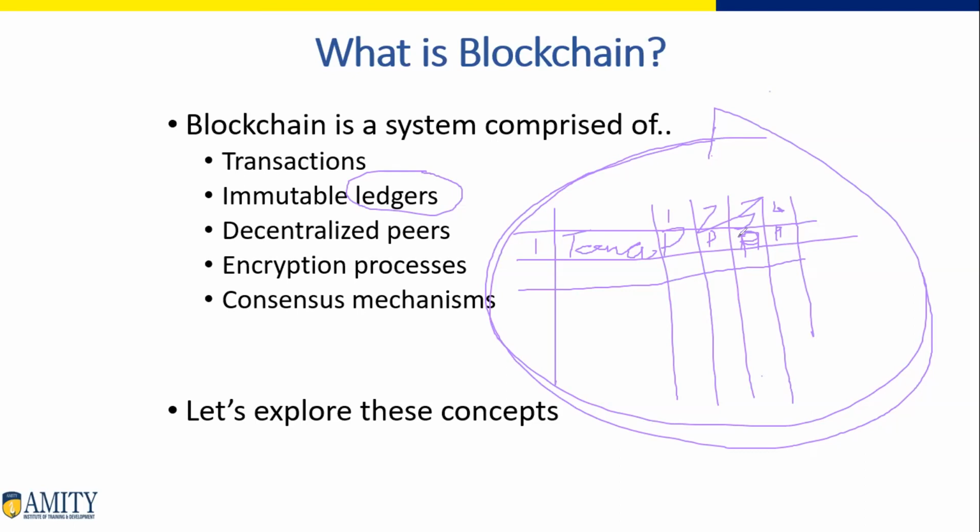Now understand what blockchain technology is. Blockchain is that technology which helps you record and manage transactions. It helps you create an immutable ledger, those registers which you cannot edit.